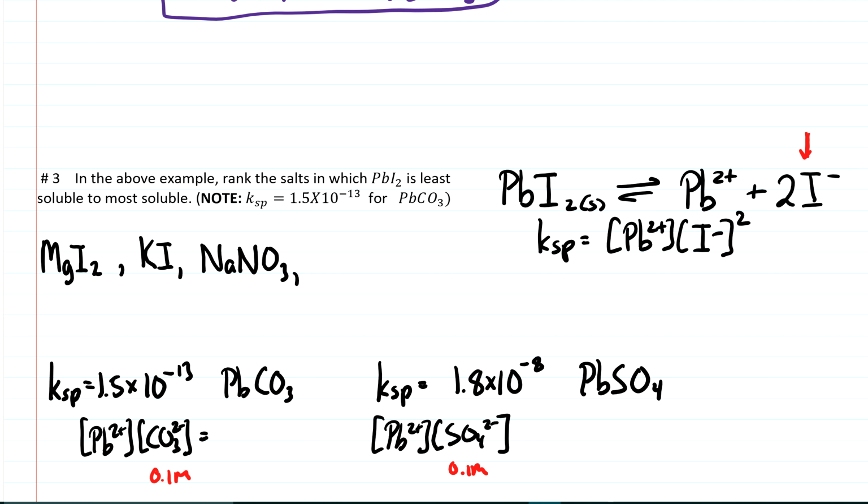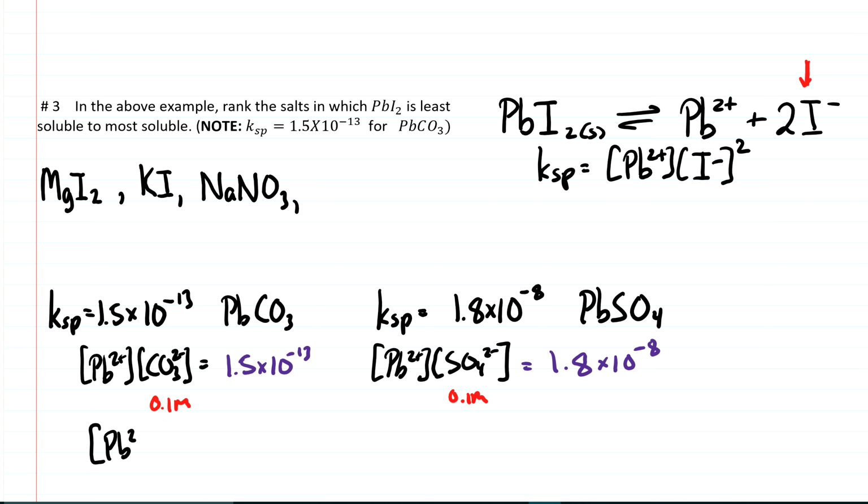And so we can see that the most lead we could sustain for the carbonate one would be 1.5 times 10 to the minus 13 divided by 0.1, which would give us 1.5 times 10 to the minus 12. And here, the concentration of the lead would be equal to 1.8 times 10 to the minus 7 molar.